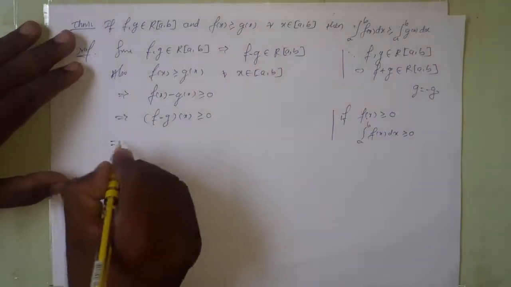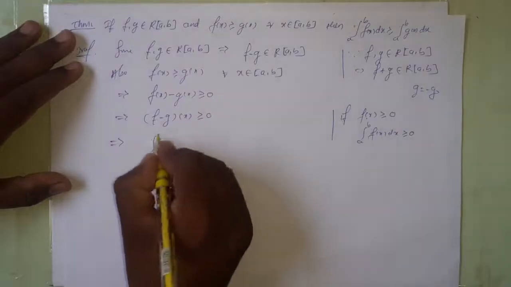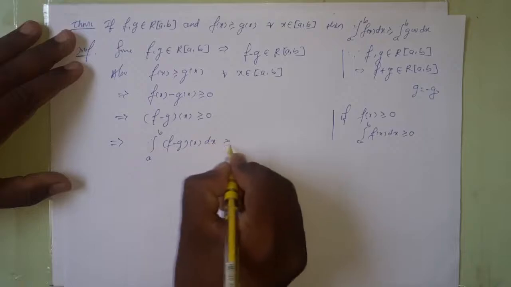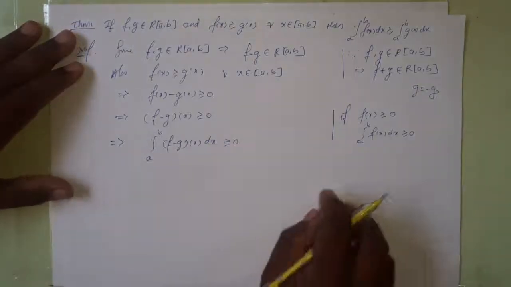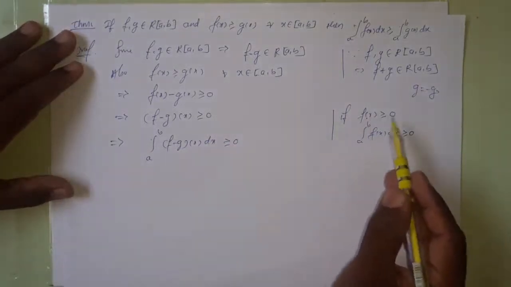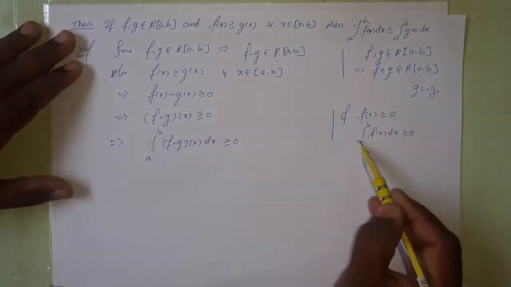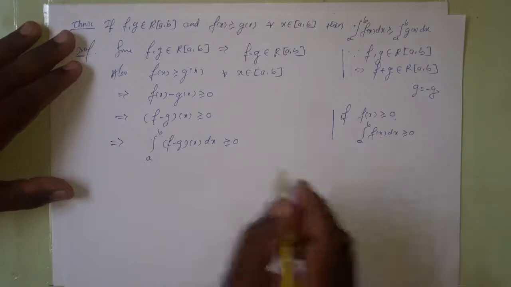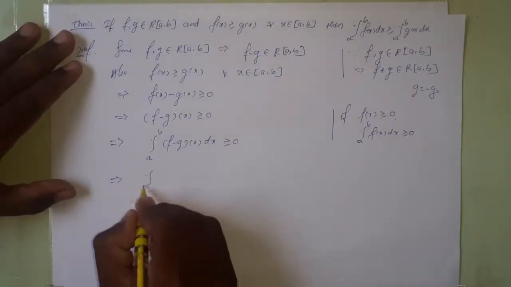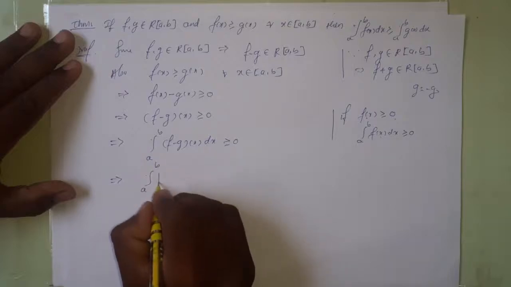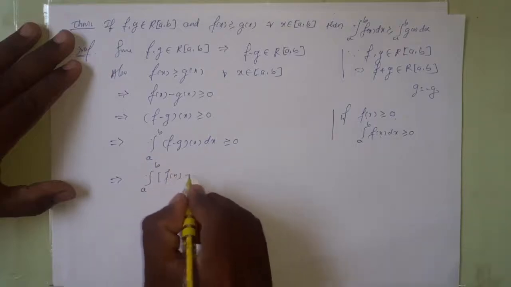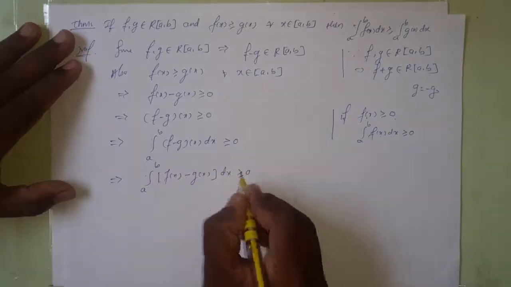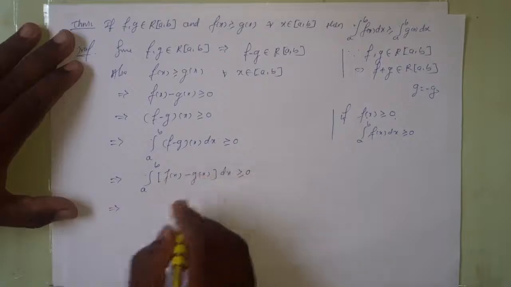So, we can write the integral from a to b of (f minus g)(x) dx is greater than or equal to 0, by using the theorem that f(x) greater than or equal to 0 implies the Riemann integral of f(x) dx is greater than or equal to 0. Then this can be written as the integral from a to b of [f(x) minus g(x)] dx is greater than or equal to 0, just by separating the functions.